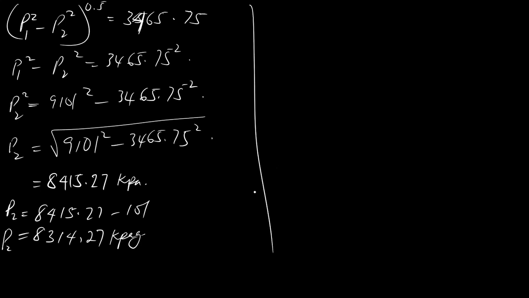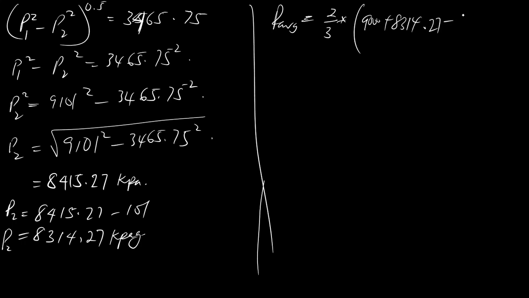Let's use this to calculate our average pressure, which is 2/3 times 9,000 plus 8314.27 minus 9,000 times 8314.27 divided by 9,000 plus 8314.27.